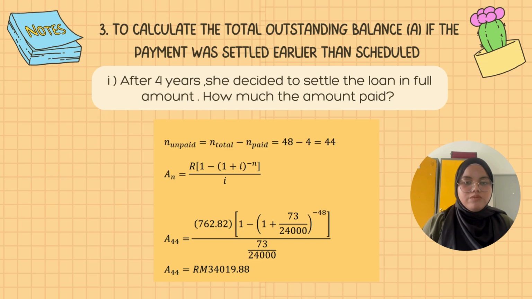A44 equals 762 ringgit and 82 cents times (1 minus (1 plus 73 over 24,000) to the power of negative 44) over 73 over 24,000. A44 equals 34,019 ringgit and 88 cents.